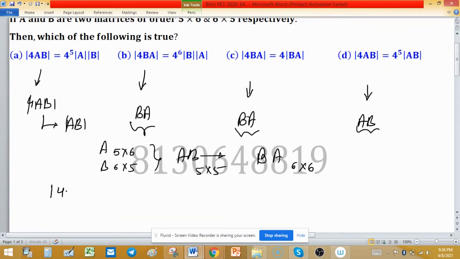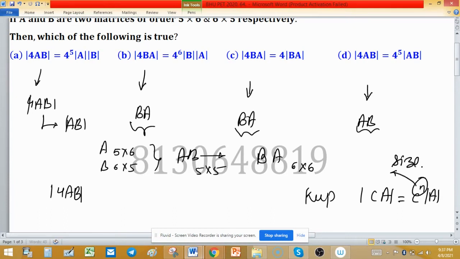Determinant of 4 times AB. Keep remember, determinant of C times A is equal to C raised to the power n into determinant of A. This n is the size of the matrices, or square matrices.